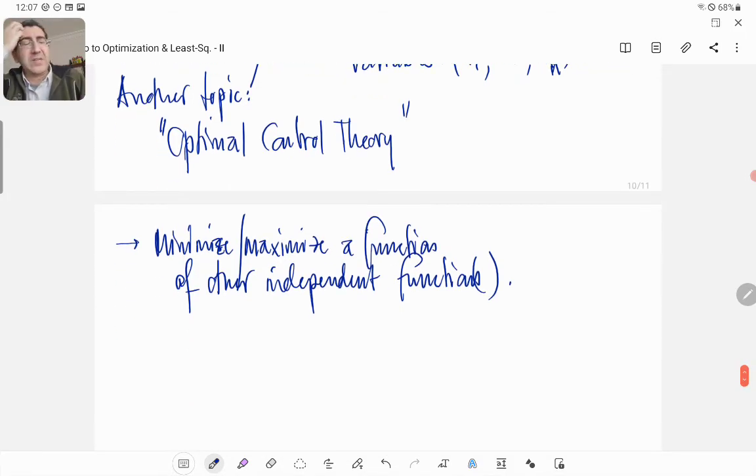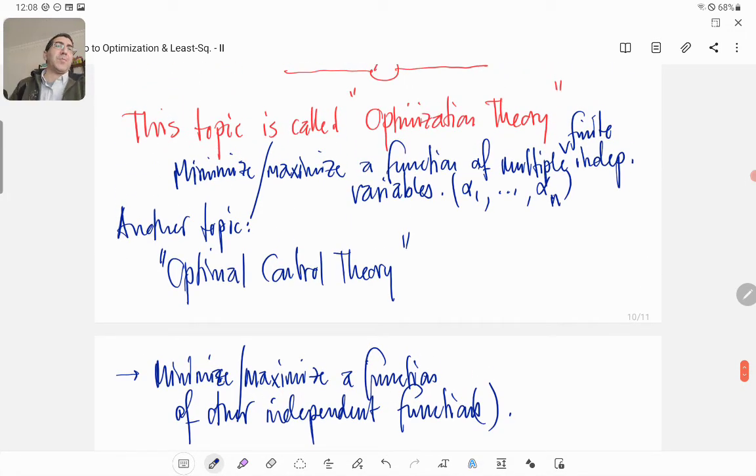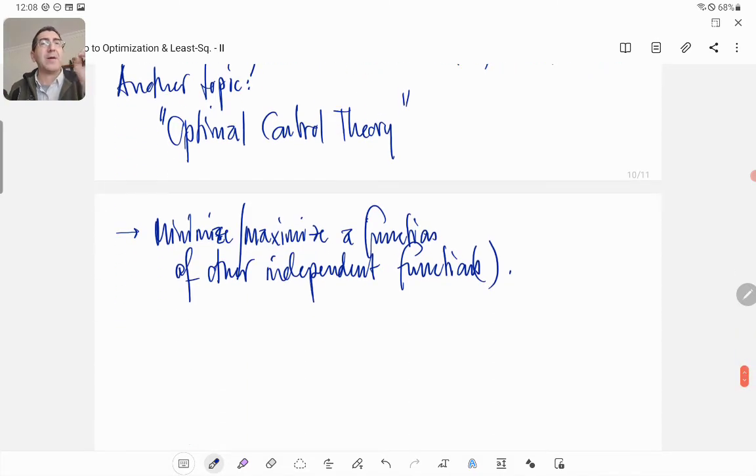So what is the difference? In optimization theory, you have a function of a number of parameters. Parameters are just numbers that you are trying to find. In optimal control theory, you are trying to minimize or maximize a function, but it's not a function of a number of parameters, it's a function of another function. Now this is getting kind of twisted, but if you think about control theory, designing a controller is something like that.